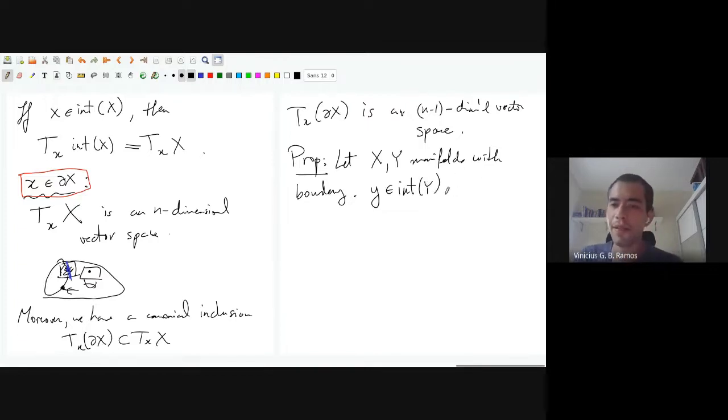So I want this to be a regular value of f and of the restriction of f to the boundary of x, what I'm going to call the boundary of f, which is f restricted to the boundary of x.